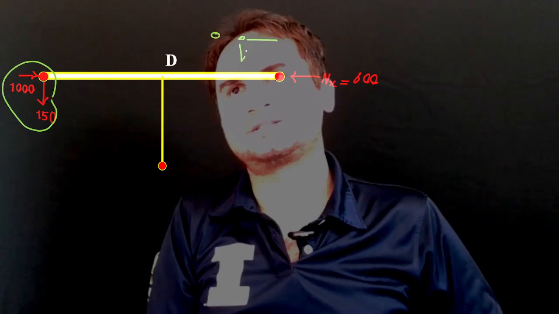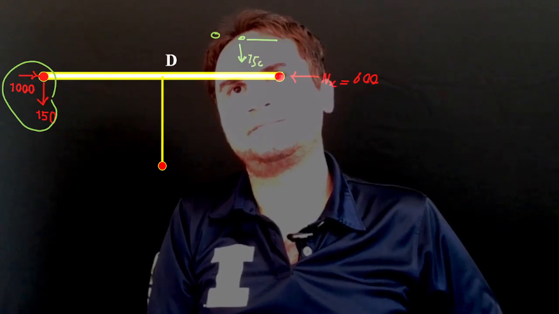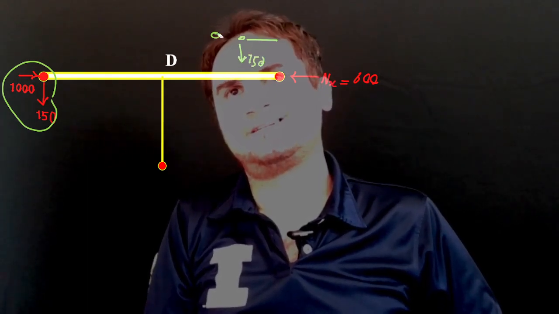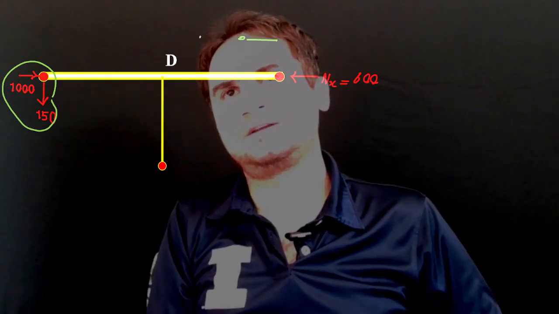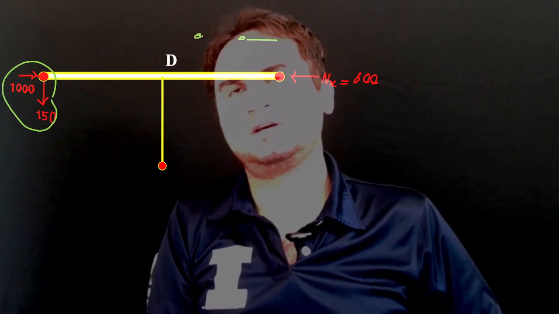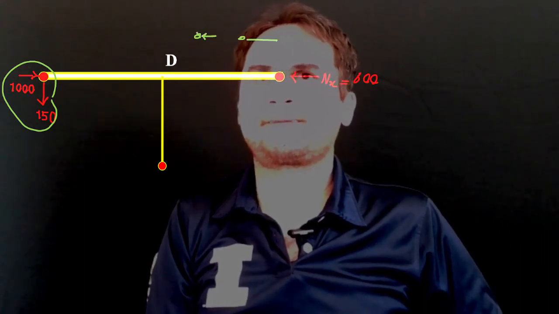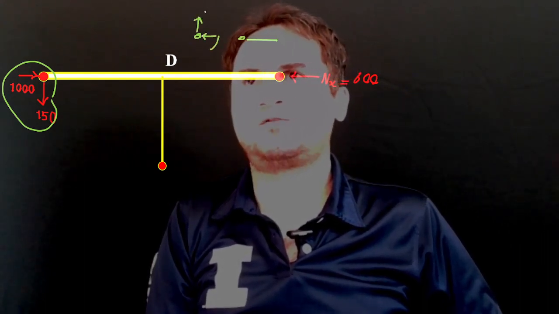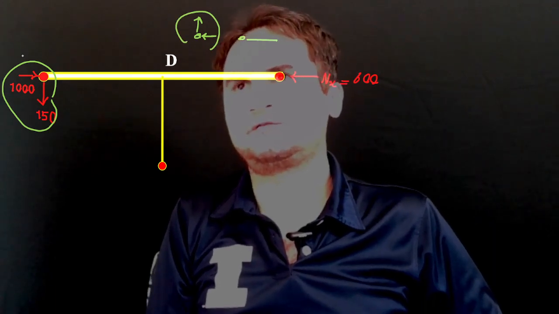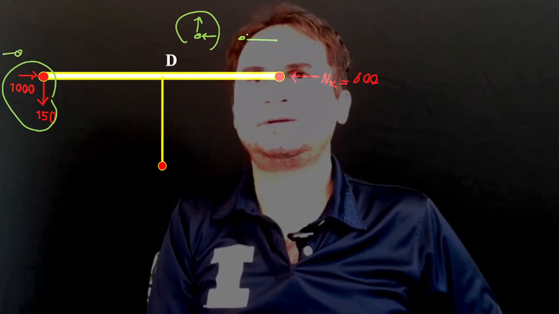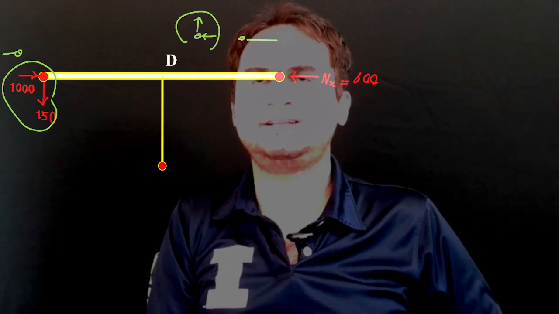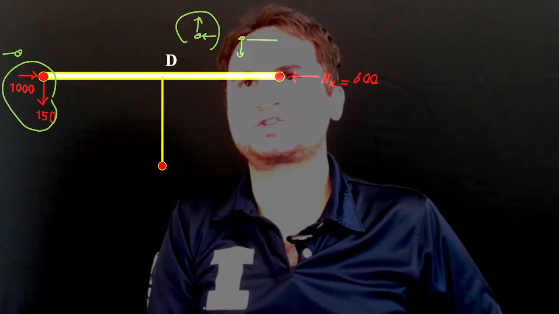So if this is 150, let's have it this way. If this is the other side, this is for the other part of our joint on the other member. And as soon as you want to translate it, just flip-flop the directions.